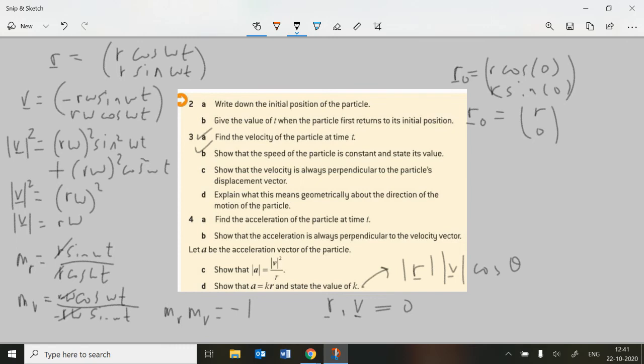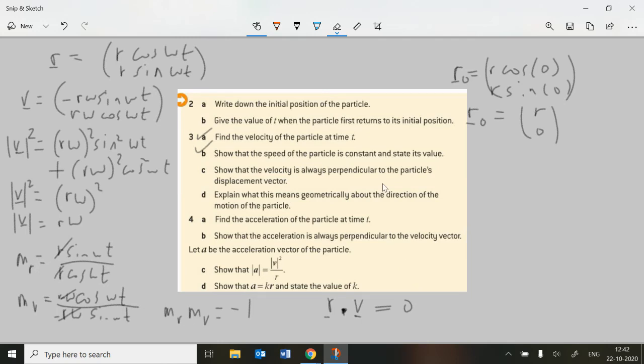So this is your dot product or your scalar product. And when you have 90 degrees in this, cos of 90 is equal to 0. So the whole of this side will be equal to 0. So if you can show this is 0, then we also have shown that we have 90 degrees between them.